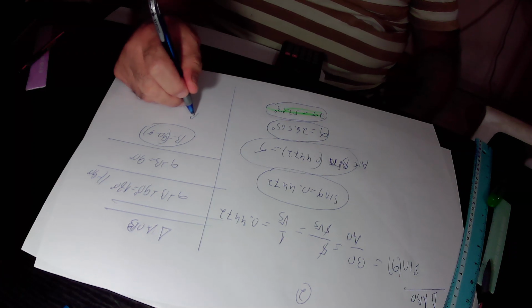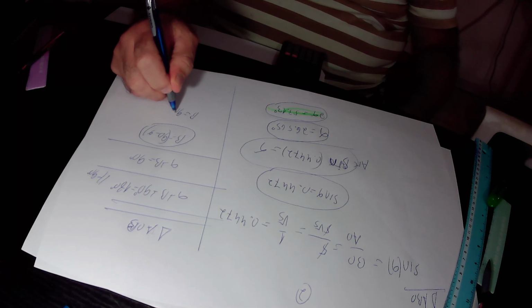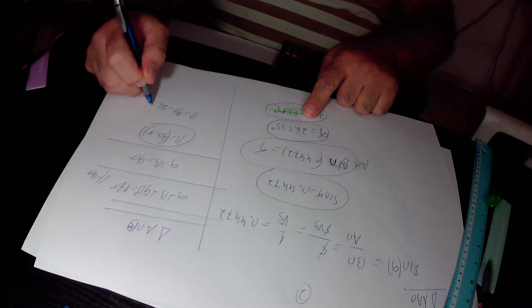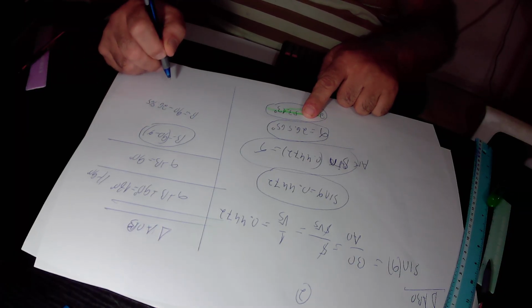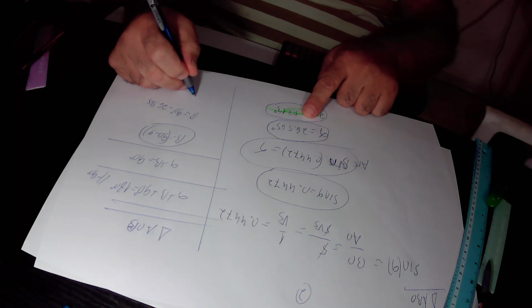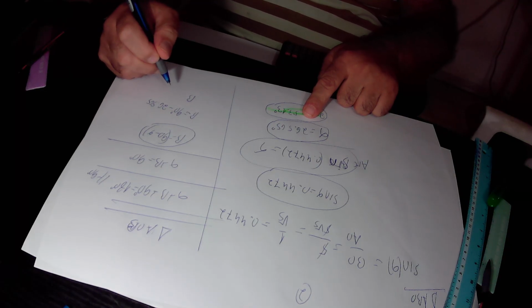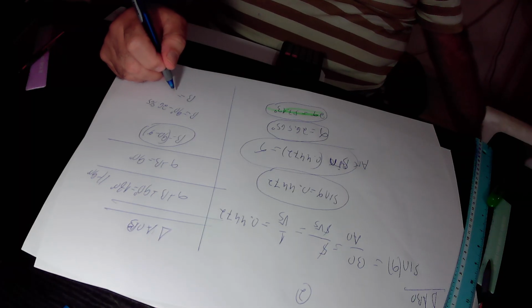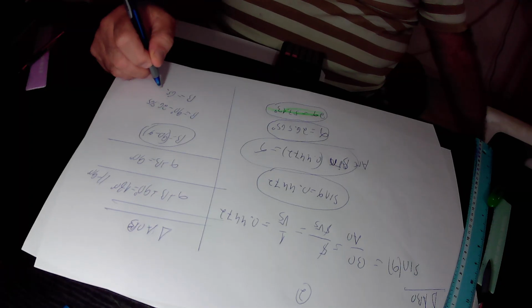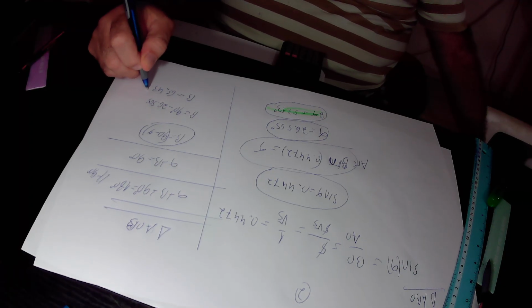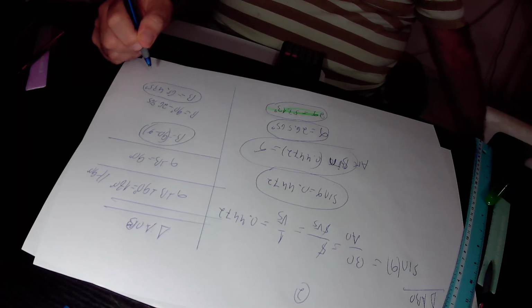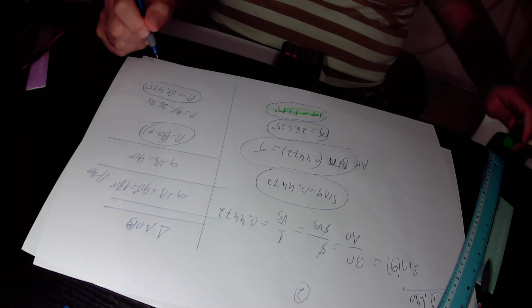So beta equals 90 minus 26.565, which is 63.435 degrees. Angle beta equals 63.435 degrees in its size.